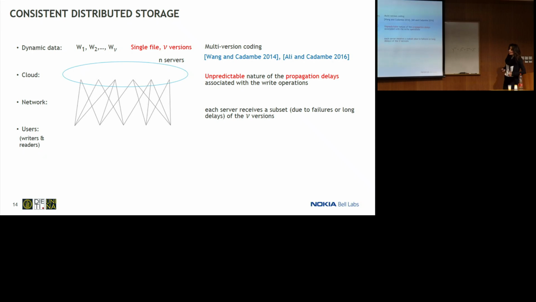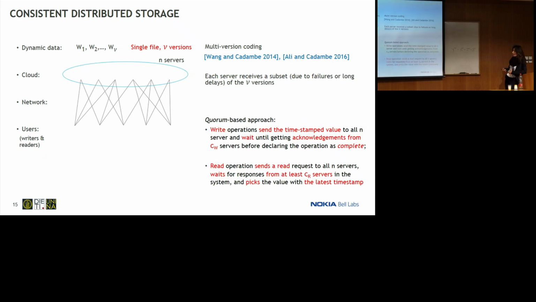Several protocols have been developed, but the most common one is what is referred to as a quorum-based approach. In this protocol, the write operation sends a timestamp value to all the N servers and waits until it gets an acknowledgement from CW servers. Once it does this, it declares the write operation complete.